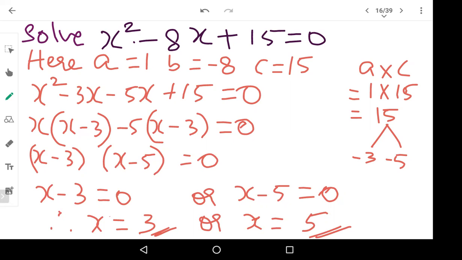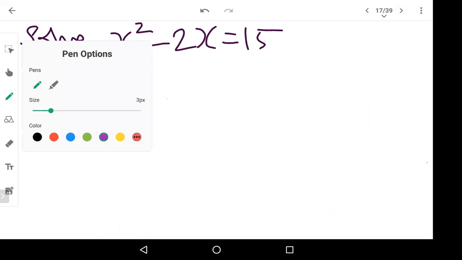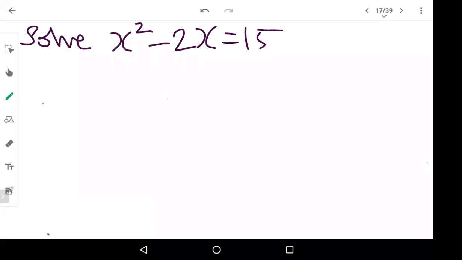Okay. So no doubts? No doubts in factorization? Good. Very good. Now, this problem, how do we solve? Anybody can give a hint?